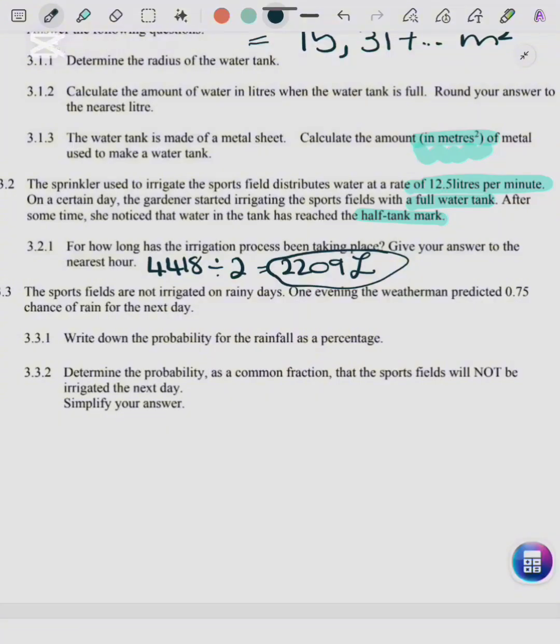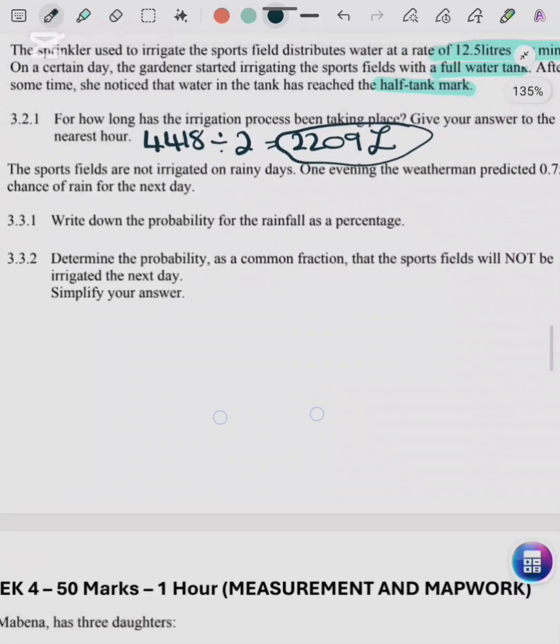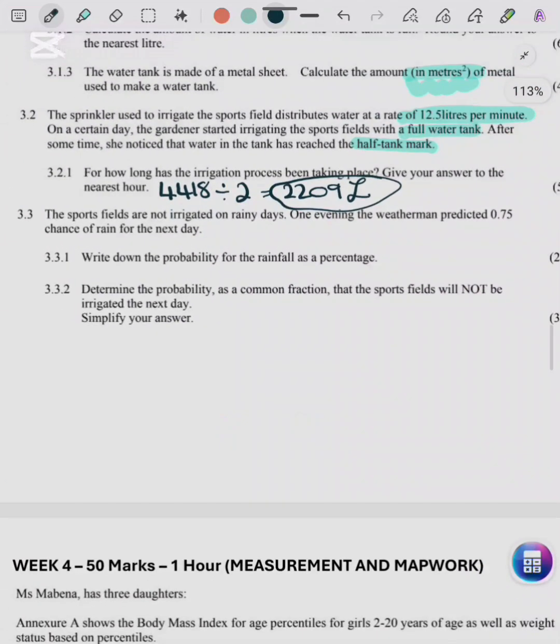And we know it was 12.5 liters per minute. So I'll just use the space over here. So I've got 12.5 liters for 1 minute. I need to know if I have 2209 liters, how many minutes it will be.